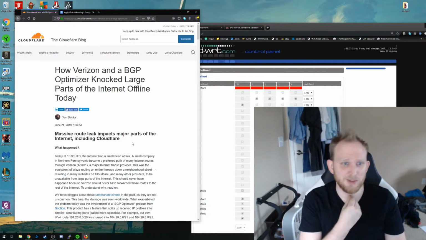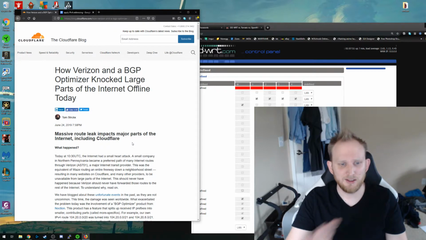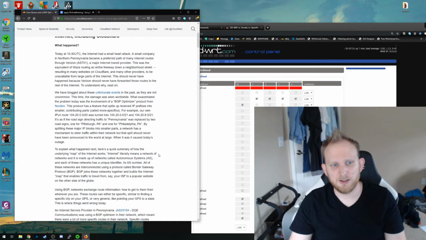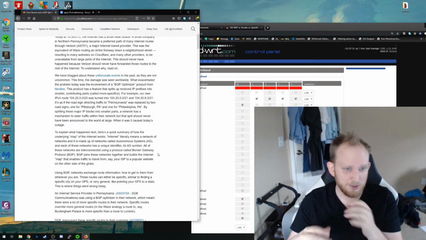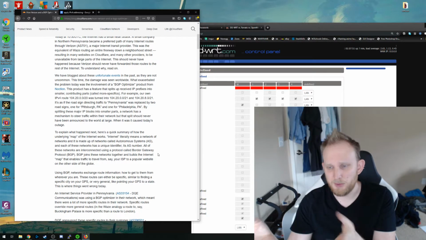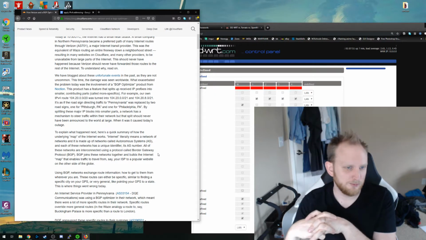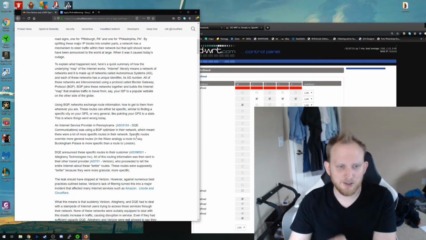I might have to go over this sometime. Basically, the routing got screwed up because they were using the wrong IP addresses and accidentally grabbed a massive chunk of the internet and pulled it to this small internet provider, basically dumping all the internet on there. I think it wasn't Verizon, even though Verizon was the main one.